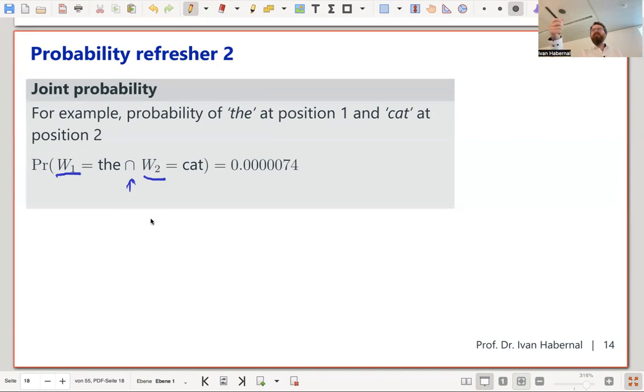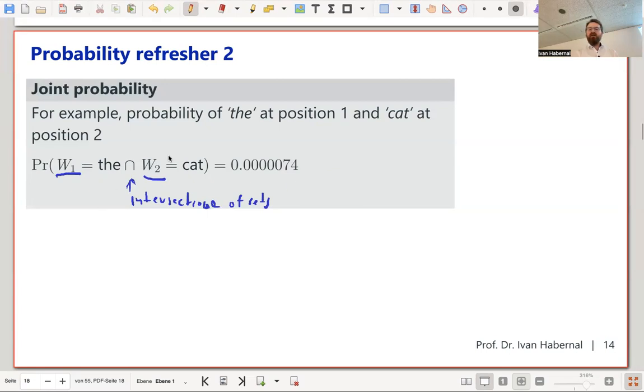It's intersection. Intersection of sets, because these things are sets and events. This is one way of writing the intersection, but we'll use a better notation with just a comma, as I show later. Basically, this is the joint probability of the first word being "the" and the second word being "cat".